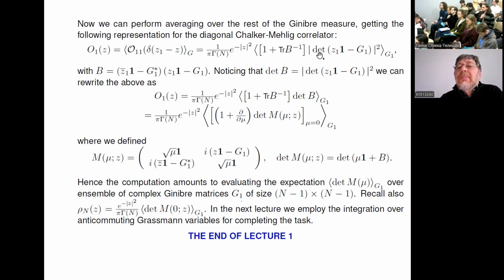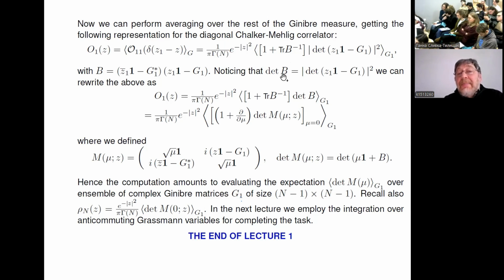It has two terms. The first term is basically nothing else, we already know this will be just a density, because it's just the modulus squared determinant times exponential minus z squared. So this is exactly the density. So density is a part of this computation. But even less trivial is to take the ensemble average of this trace of inverse B weighted with this characteristic polynomial.